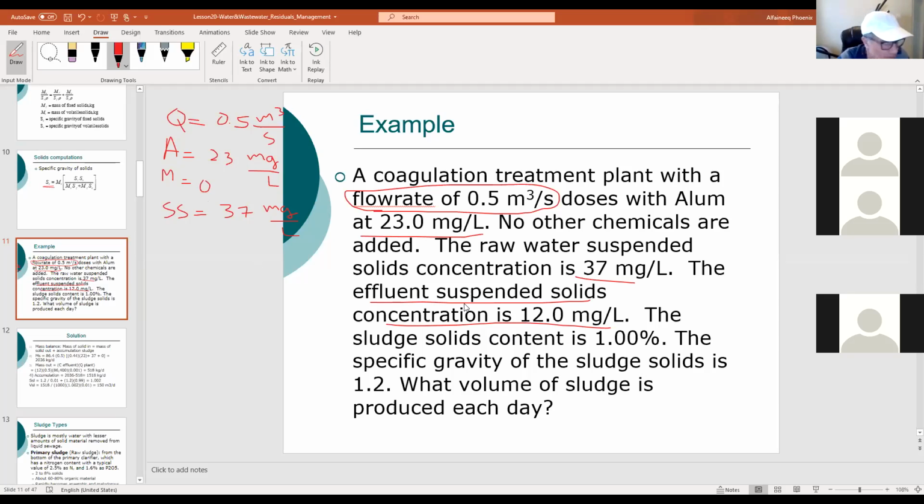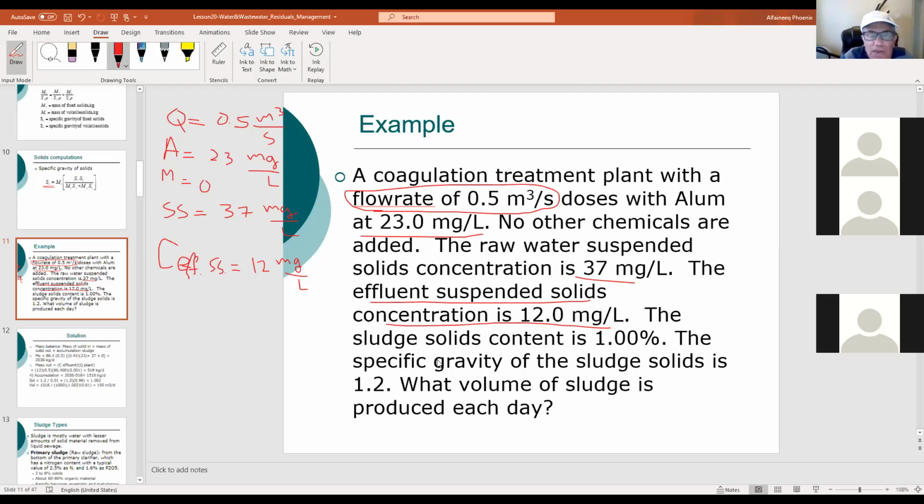Remember suspended solid fractions. Is that a concentration here? Let me write it this way: effluent concentration of suspended solids equals 12 milligrams per liter.